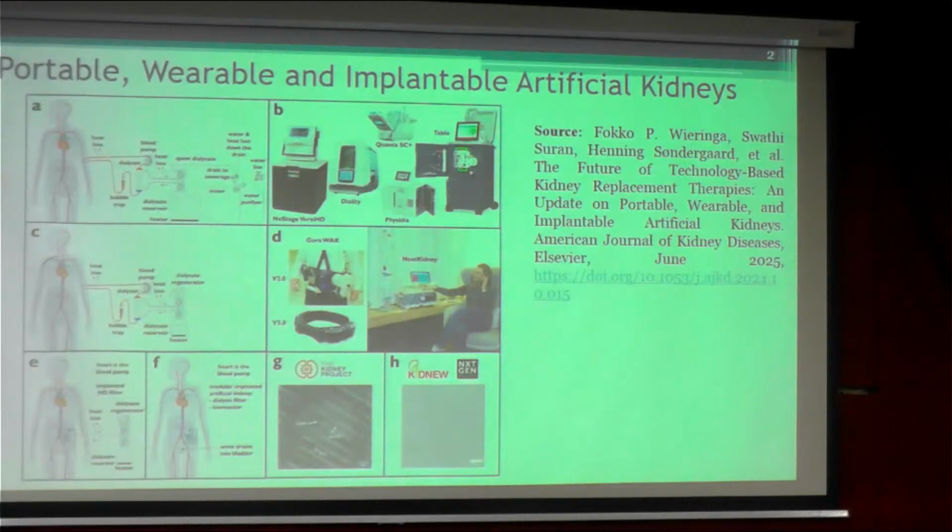But the interesting development of technologies is that we have the idea, we have the first implementation of that idea, but usually at the early stages of these technologies, people do not possess other types of technologies that would allow them to implement it in wearable apparatuses or implantable artificial kidneys.